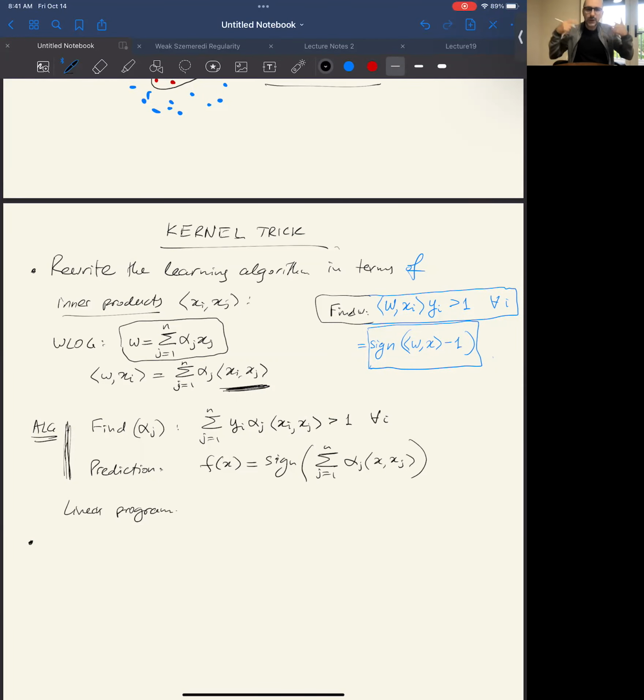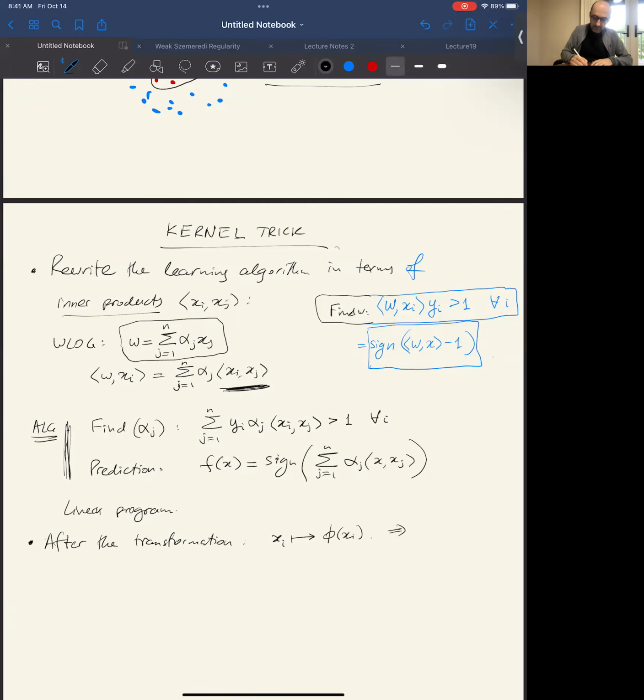Okay, so now suppose we had this embedding. Suppose we know what the embedding is. So after the embedding of the feature space, after the transformation, the feature map, the data xi become phi of xi.